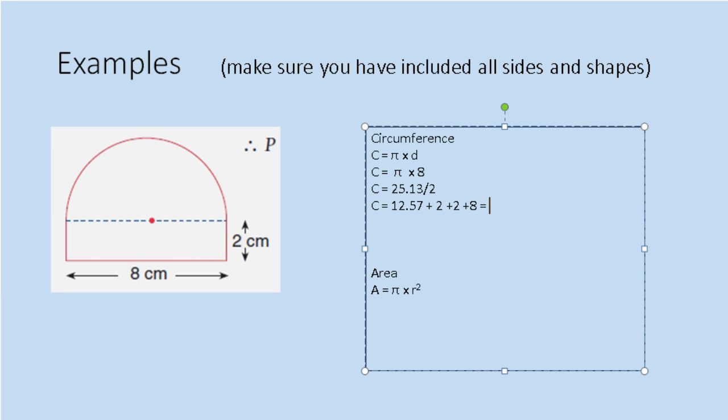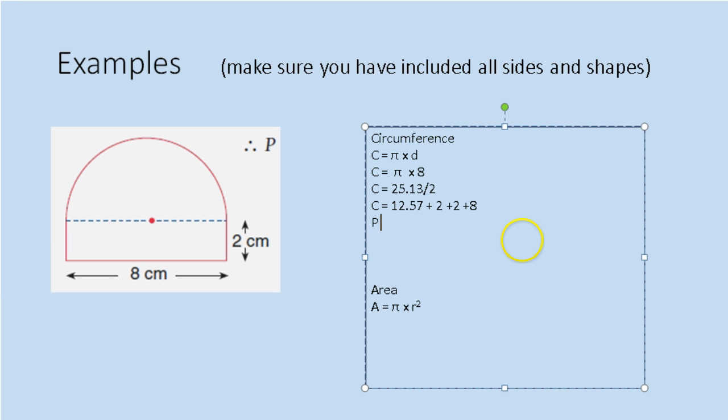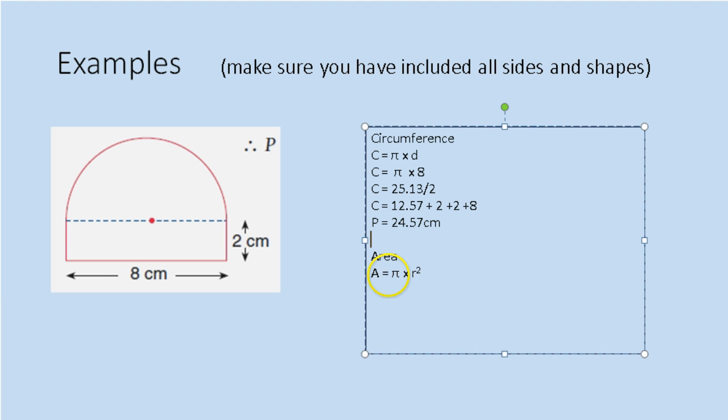If I add all of them together, the perimeter is equal to 24.57 centimeters. It's not centimeters squared because we're finding the length around the edge. So remember, circumference is the perimeter, or the line outside the shape. So this distance all the way around the edge is 24.5 centimeters.